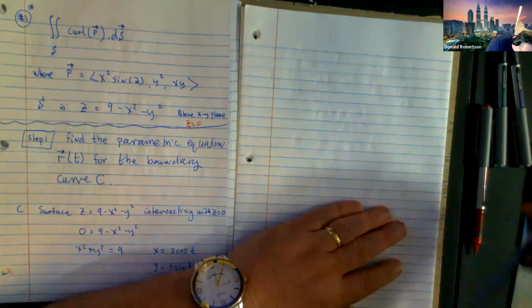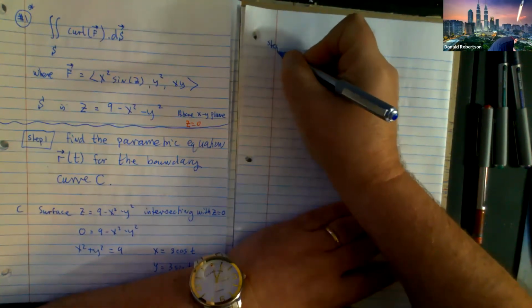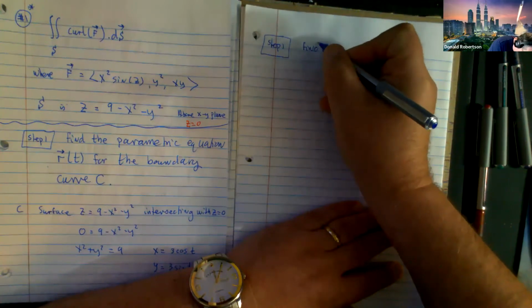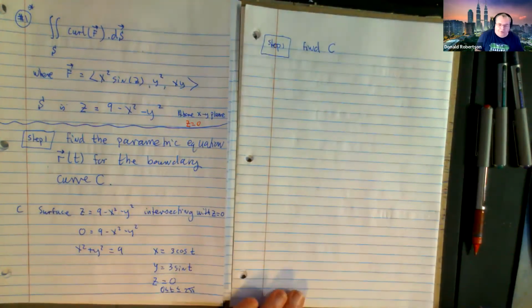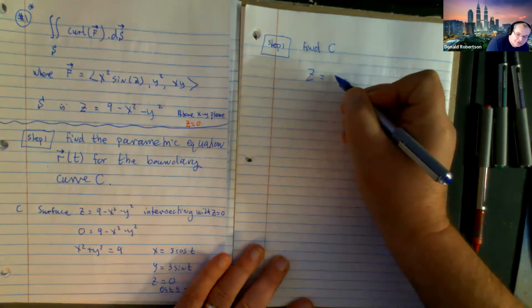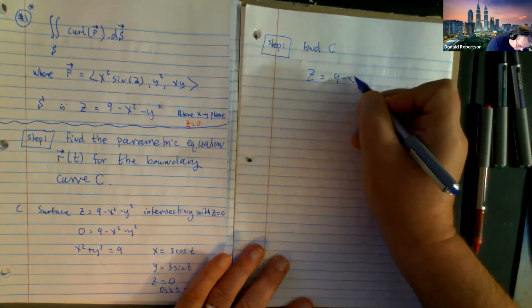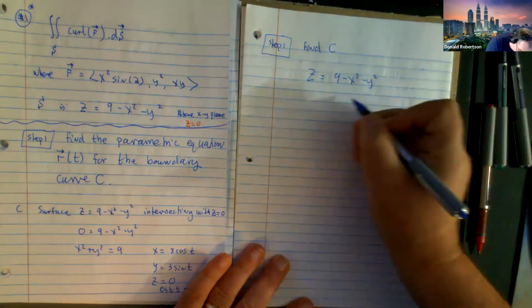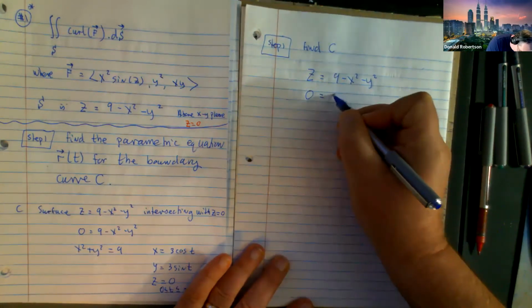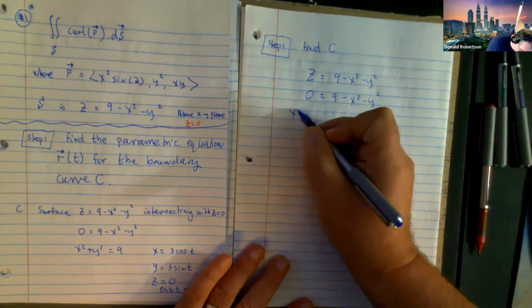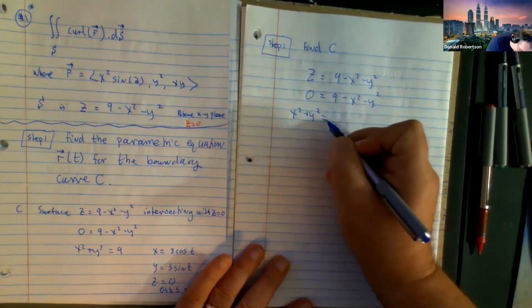Now, step 1 is find the boundary curve C. Well, if you take the surface, in this case, this guy here, and you make it on the XY plane, you're making Z equals 0, and you are getting that guy.